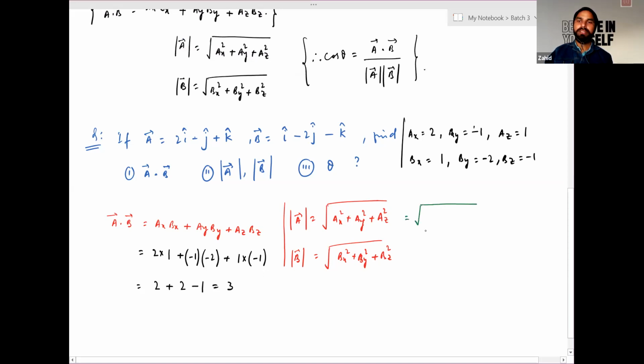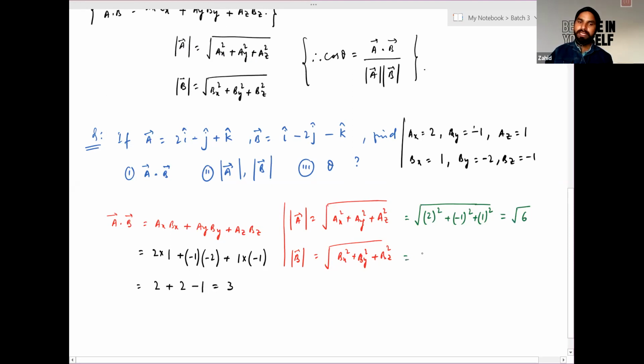It will be root under ax is 2, so on squaring it will be 2 square. Ay is -1, and az is +1. So 2 square is 4, -1 square is +1, and 1 square is +1. So 4 plus 1 plus 1, it will be root 6.